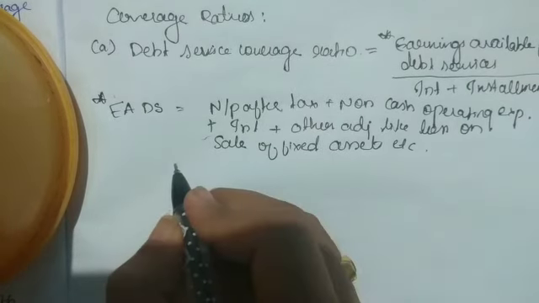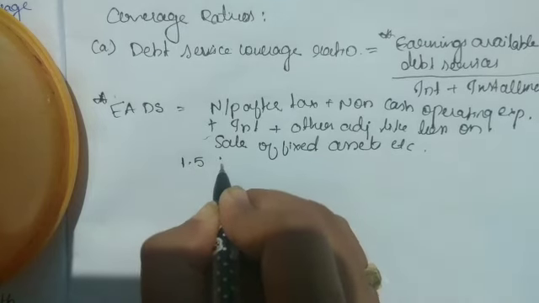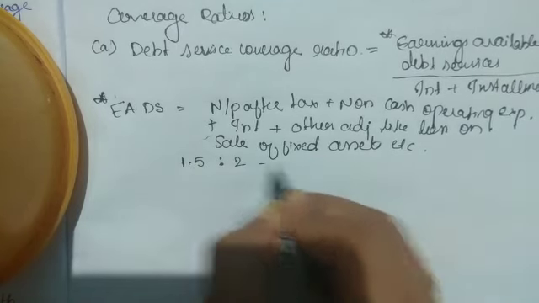If the ratio is 1.5:2, then it will be called satisfactory.